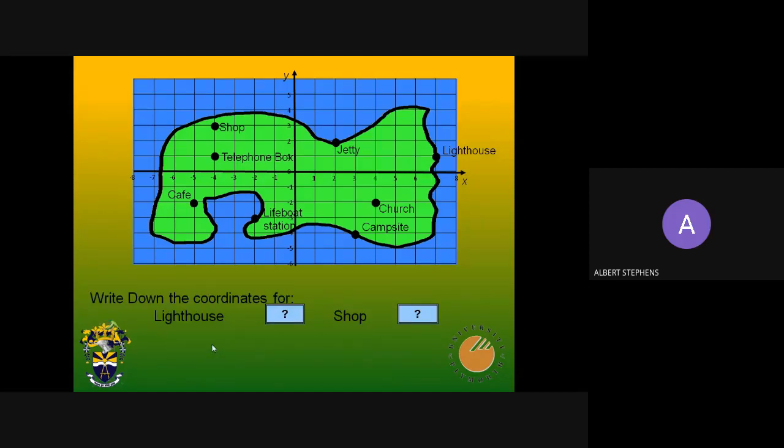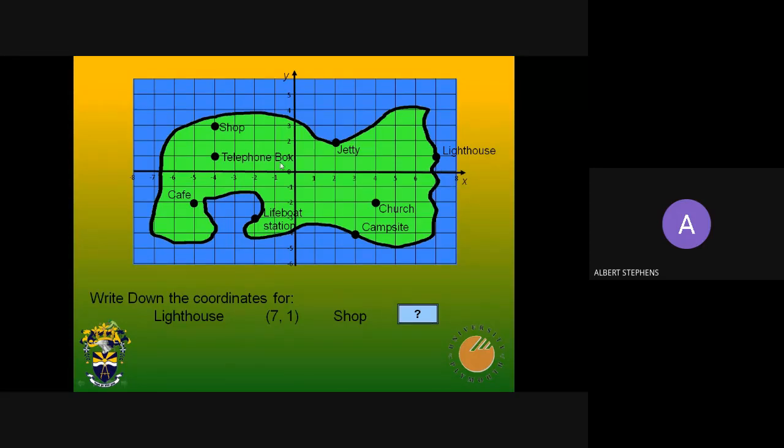Write down the coordinates for the lighthouse. (7, 1). Very good. So the lighthouse is right here. You're unable to see the 7, but it would have been 7 because 6, 7, and then 8.